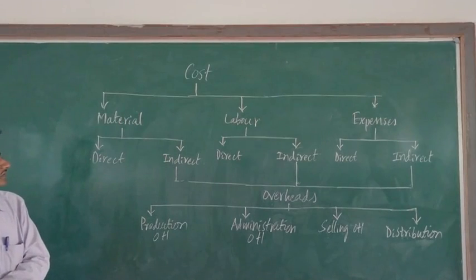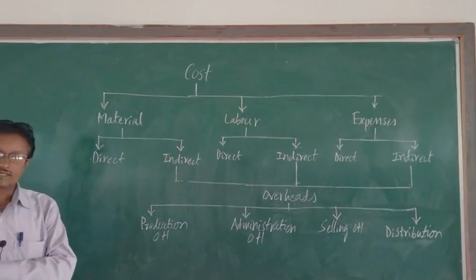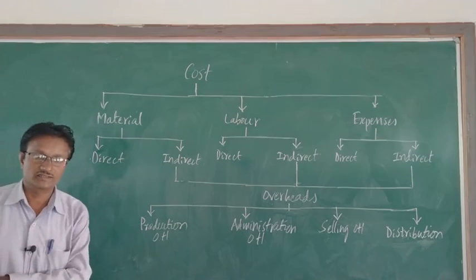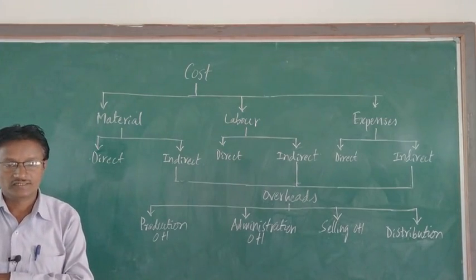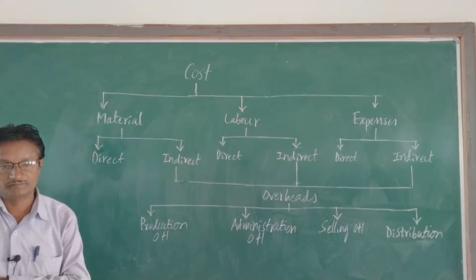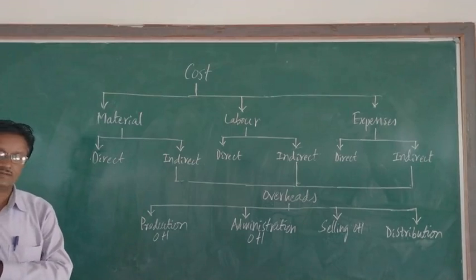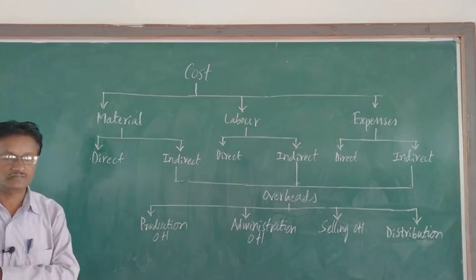First of all, we have to know what is material. The cost of commodities supplied in crude form or in raw form for an industry is called material cost. So, material cost is the cost of commodities supplied to an undertaking in the crude form or raw form.